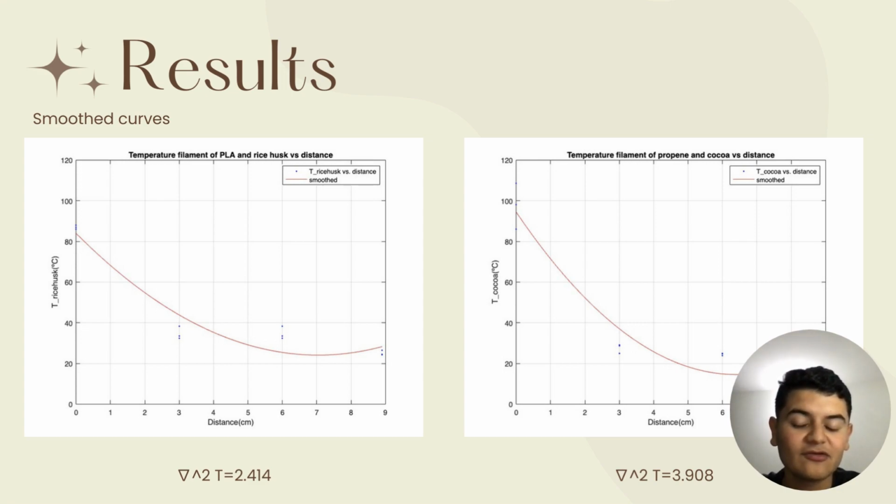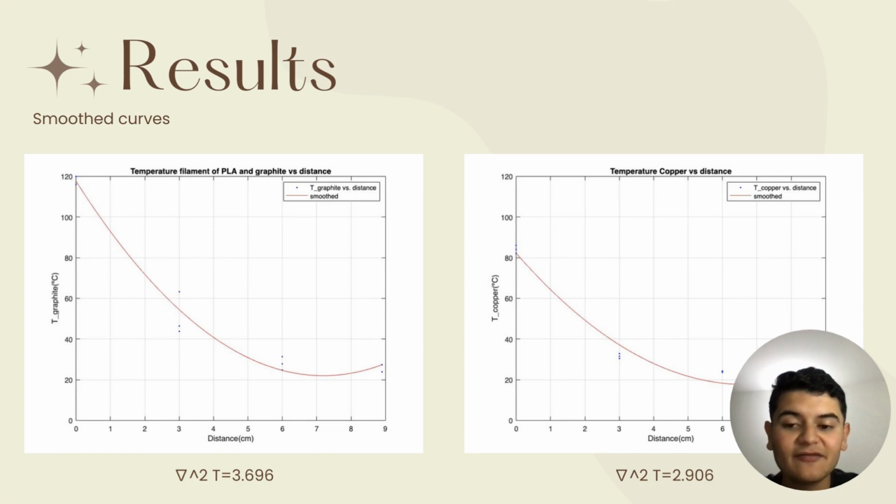We can also see the second derivative, with the label below both graphs. Here in this part is the temperature of rice husk and the temperature of propane and cocoa.